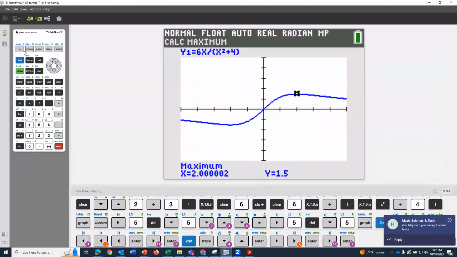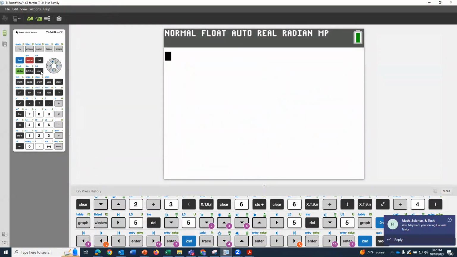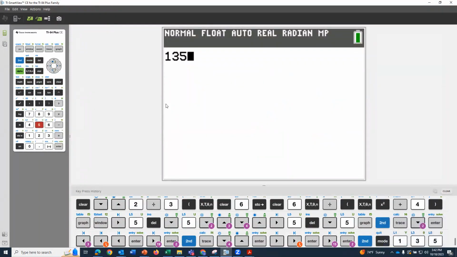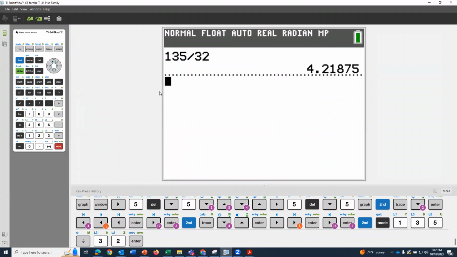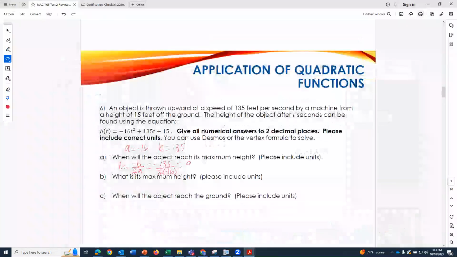It should be 135 over 32, which is 4.2. Okay, and that means what I have here is 4.2.